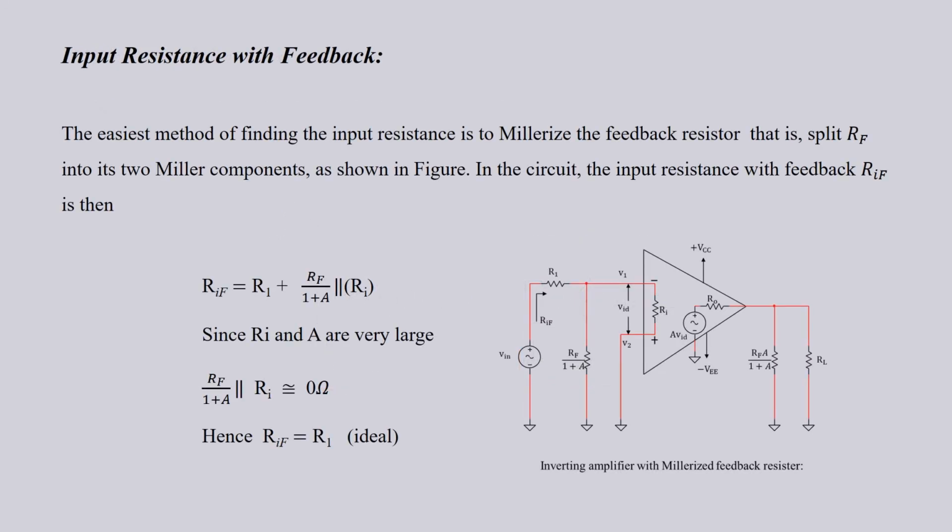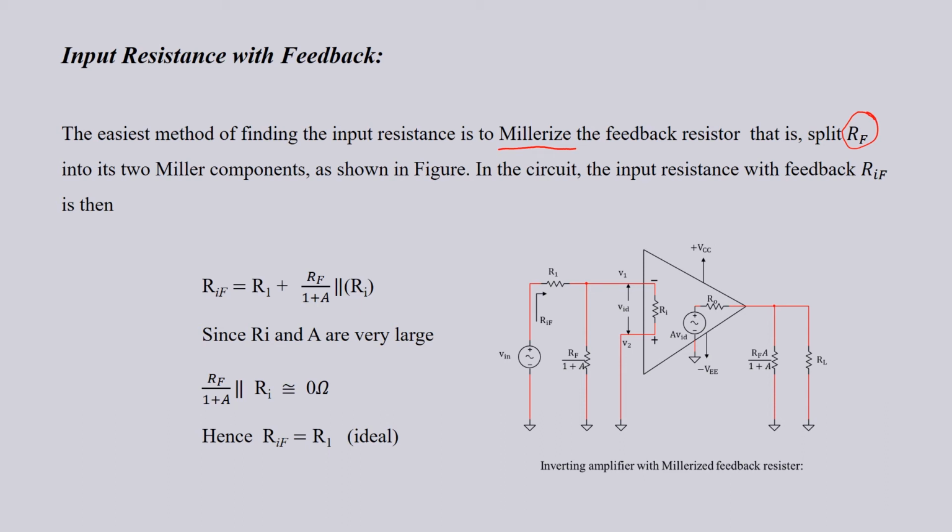So now we will analyze the input resistance of an inverting amplifier with feedback, or a voltage shunt feedback amplifier's input resistance. The easiest method of finding the input resistance is to Millerize the feedback resistance RF.